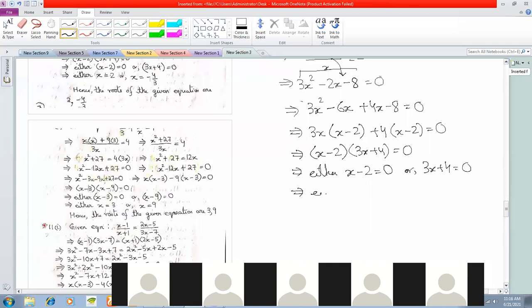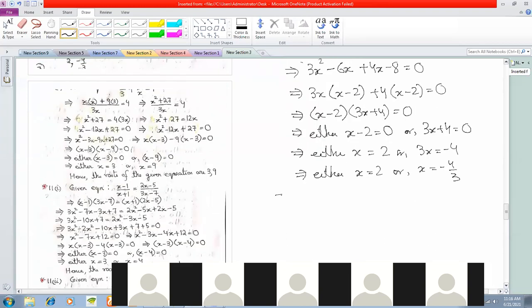That means either x is equal to 2 or 3x is equal to minus 4. Either x is equal to 2 or x is equal to minus 4 by 3. So what are the roots? 2 and minus 4 by 3. Right?